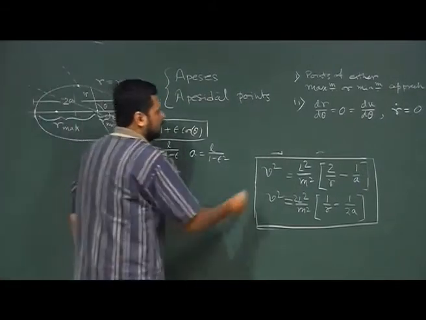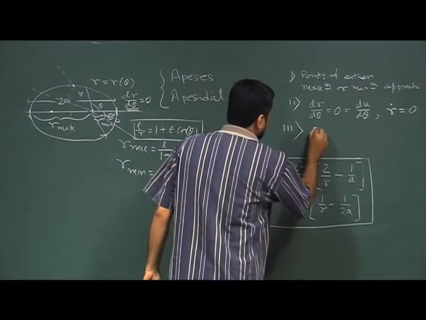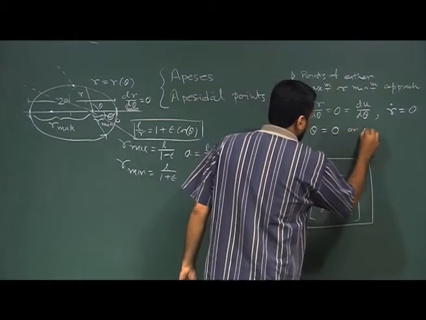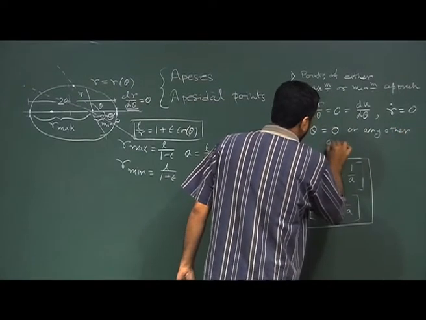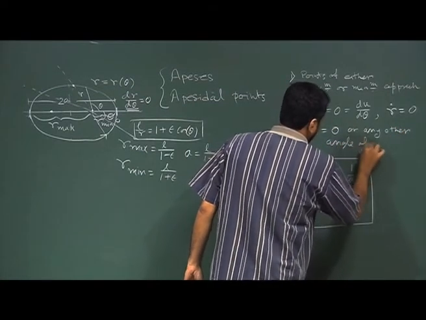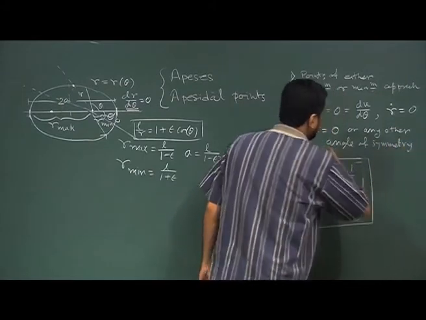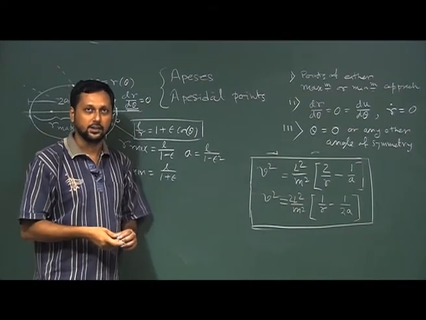So, the third important conclusion is that for an apsidal point, theta is equal to 0 or any other angle of symmetry. So, I mean 0, pi, 2 pi, anything; 0 and 2 pi are essentially the same.